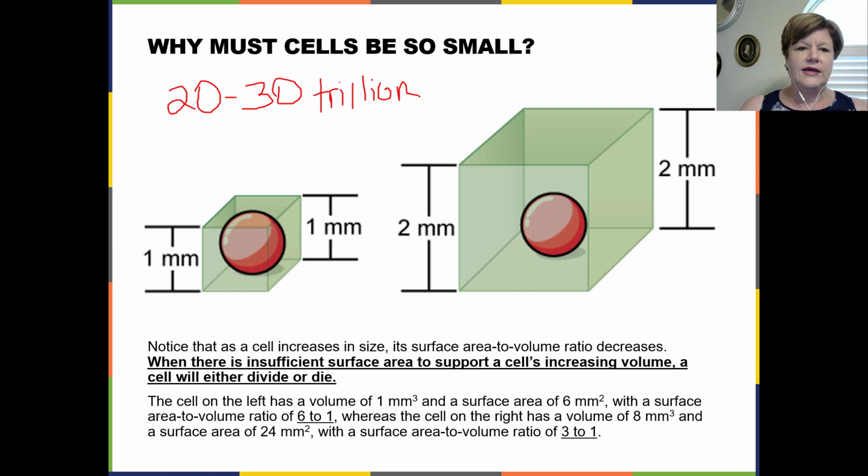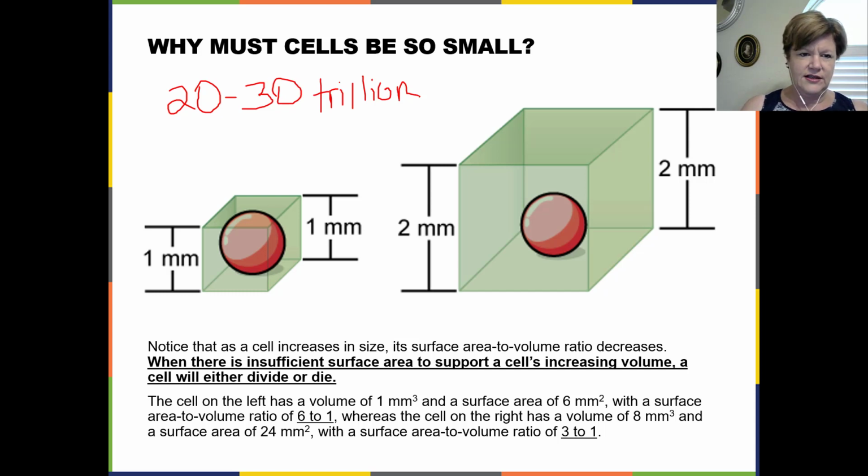Okay? And so it turns out if you take a theoretical cell, this is just conceptual, if you had a cell, for example, that was 1 millimeter, basically what they did was they took a cell and squashed it into a cube shape, because that makes the calculation of surface area and volume much easier.